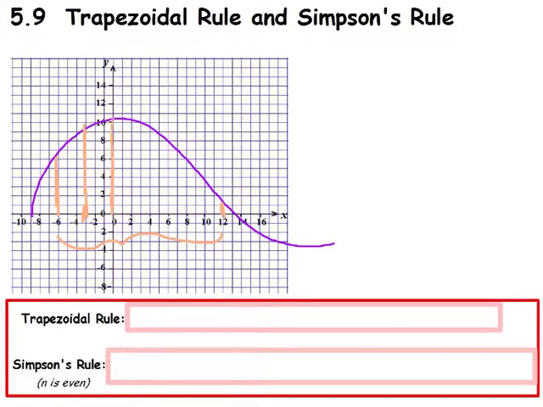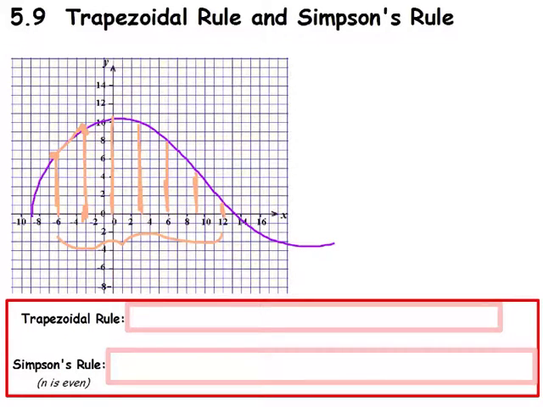Then we'll go to 0, and we'll go to 3. Now notice where I'm drawing these heights. I'm not drawing them above or below the curve, I'm drawing them right to the curve. And we'll go to 6, then 9, then 12. So each one of those lines that I drew for heights is 3 units apart, so they're all evenly spaced.